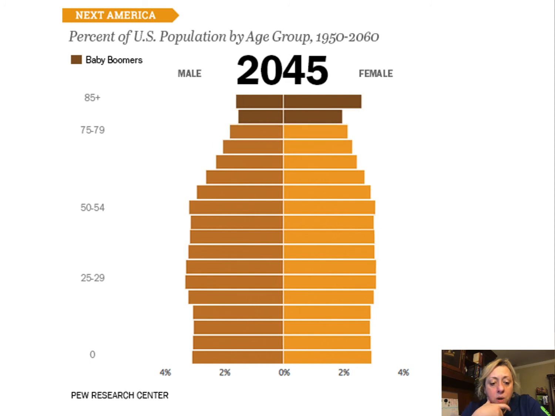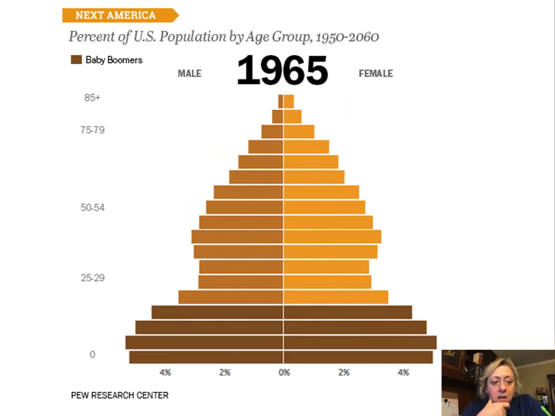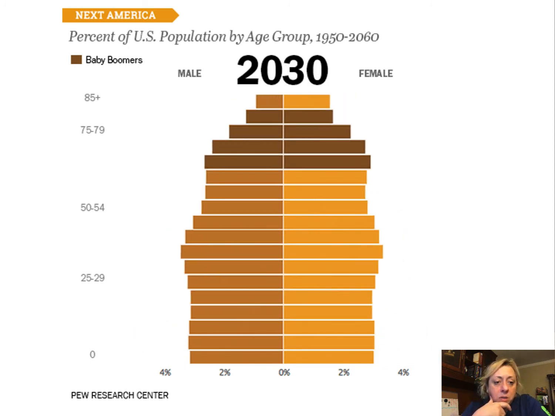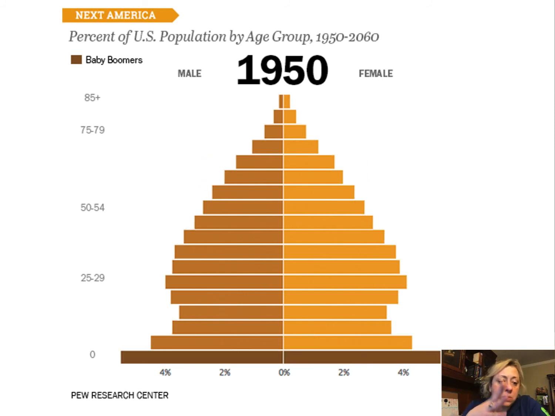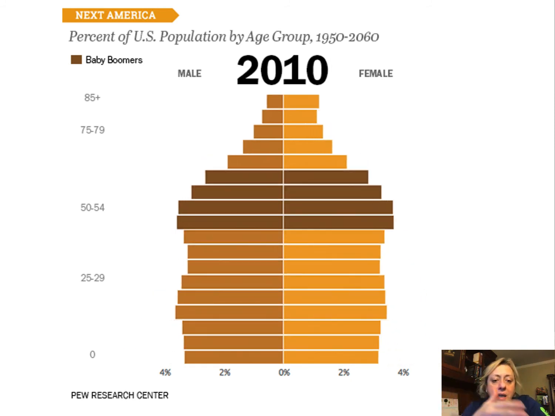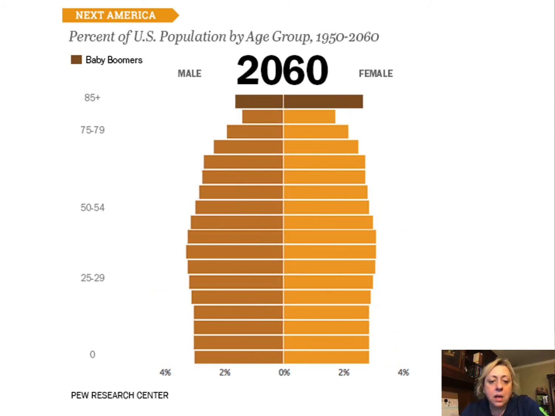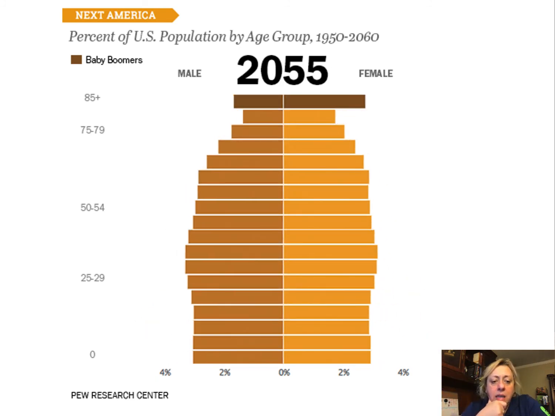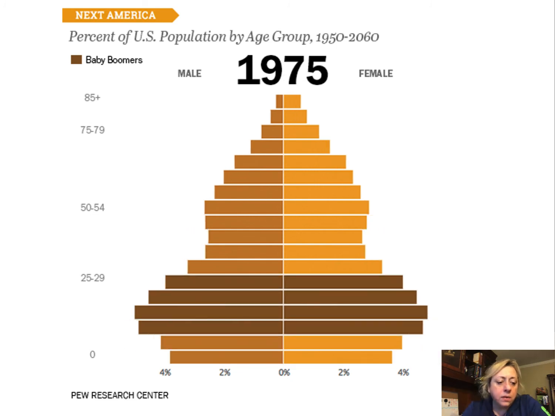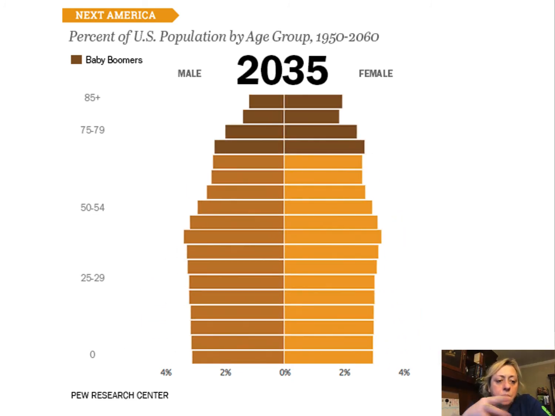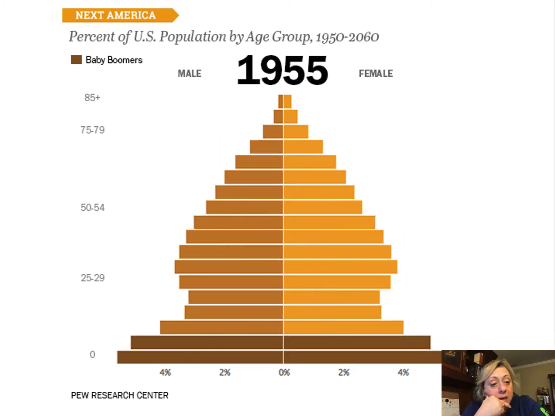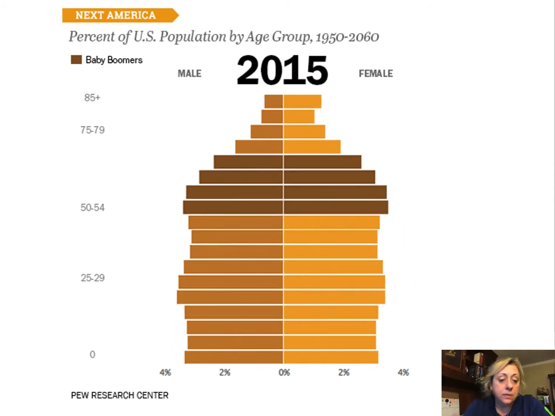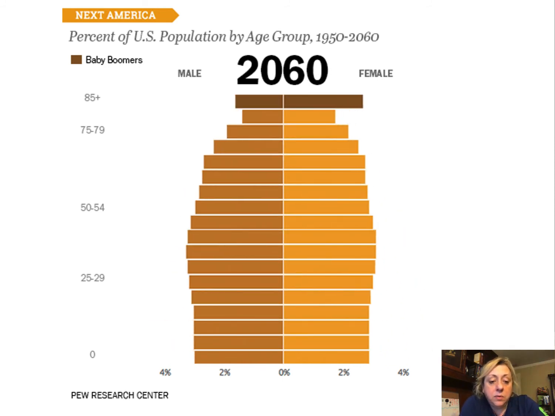Also, another way of representation, the percent of US population by age group. As you can see, this is what we usually call infographics. The left is the male, the female to the right, and this is data brought from the Pew Research Center. So if you Google, you can get a lot of data from that institute. Actually, I use a lot of data from them to do research.